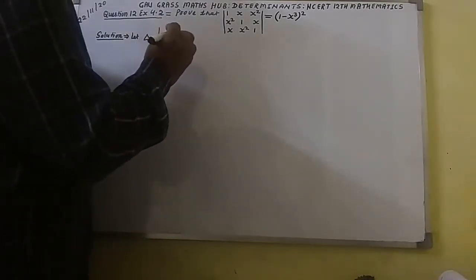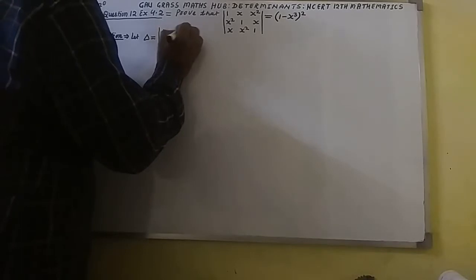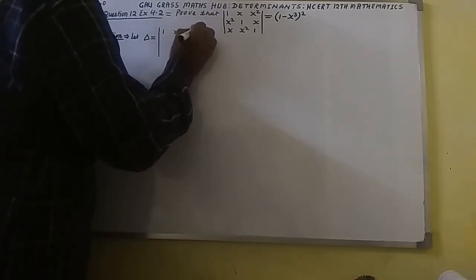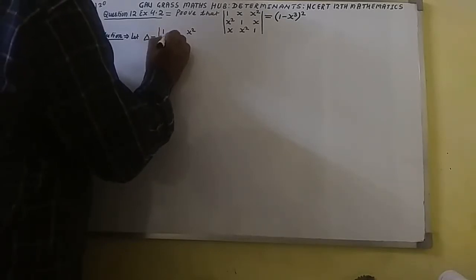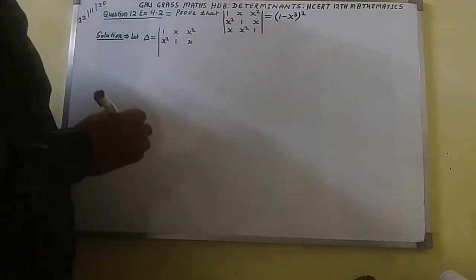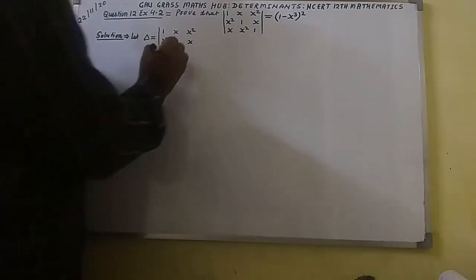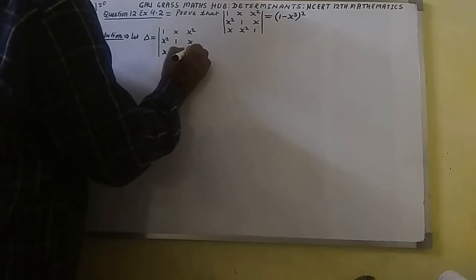The elements of first row will be 1, x, x square. The elements of second row will be x square, 1, x. The elements of third row will be x, x square, 1.